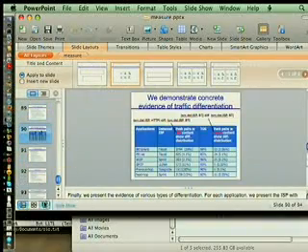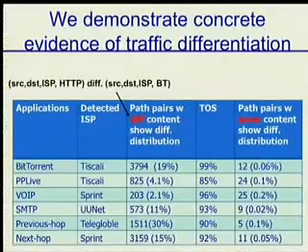Our focus is to understand whether ISPs could violate network neutrality in terms of treating packets differently depending on the packet content, application content. So essentially we send packets of different types with different types of payload.